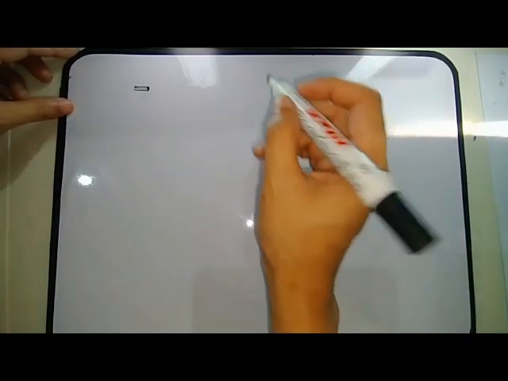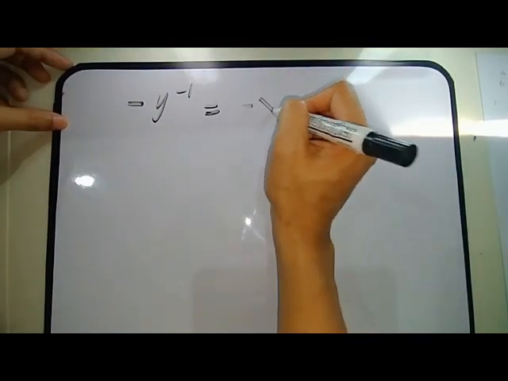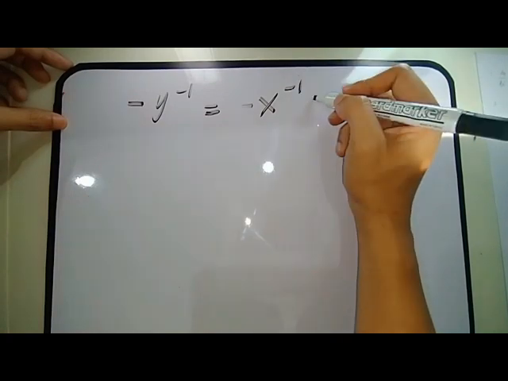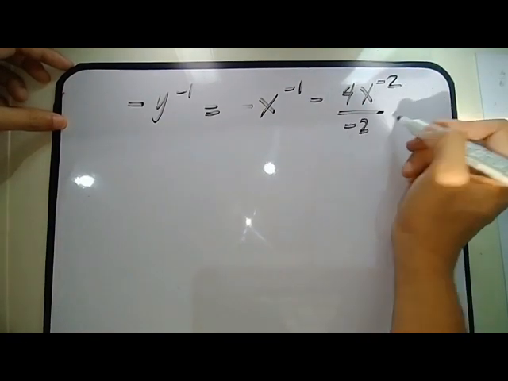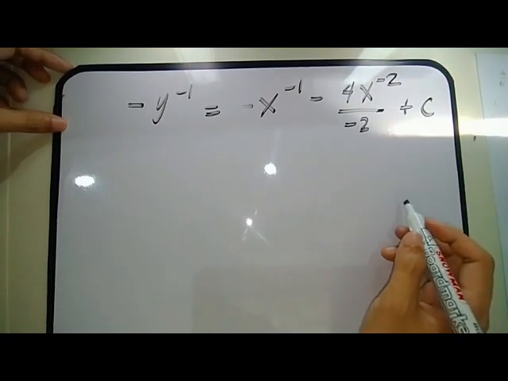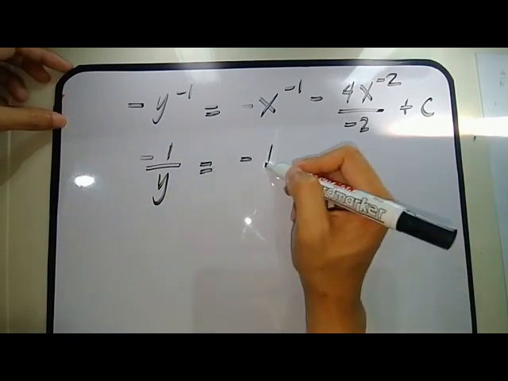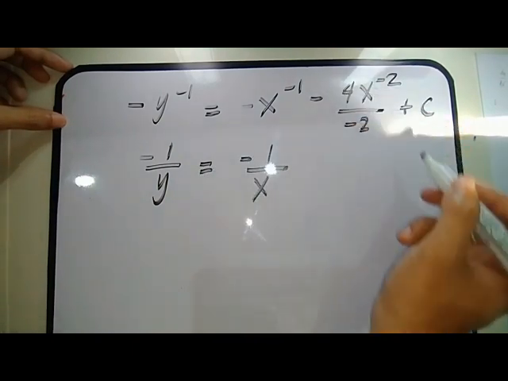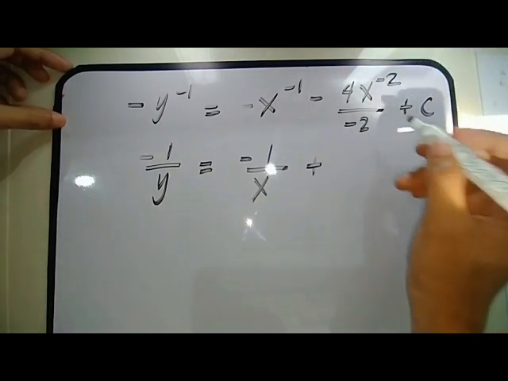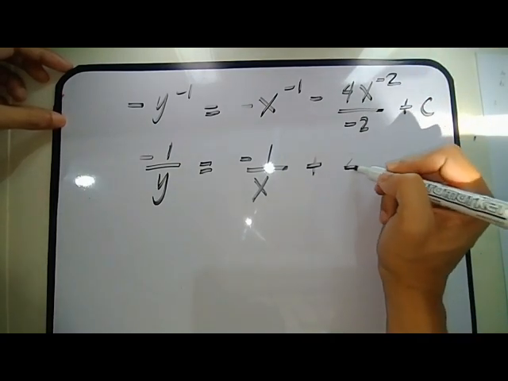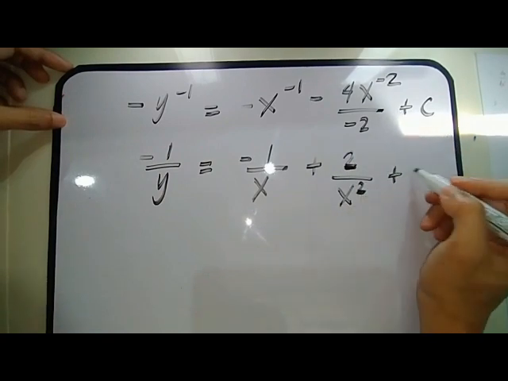We have negative y raised to negative 1 equals negative x raised to negative 1 minus 4x raised to negative 2 all over negative 2 plus c. Further simplifying, we have negative 1 all over y equals negative 1 all over x. Negative times negative is positive, so plus. The x raised to negative 2, we bring down, so you have here plus 2 all over x squared plus c.